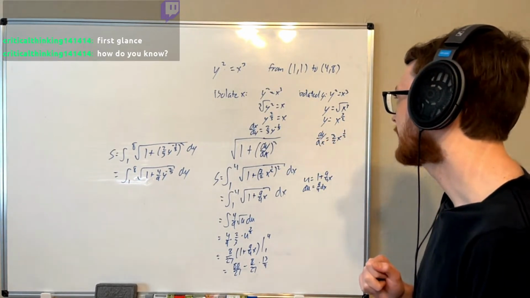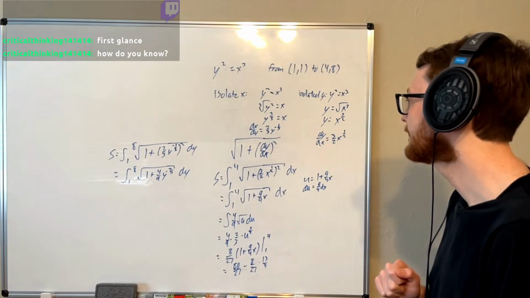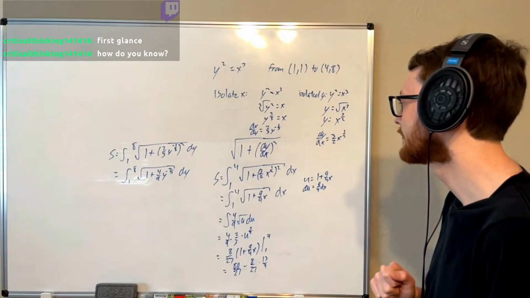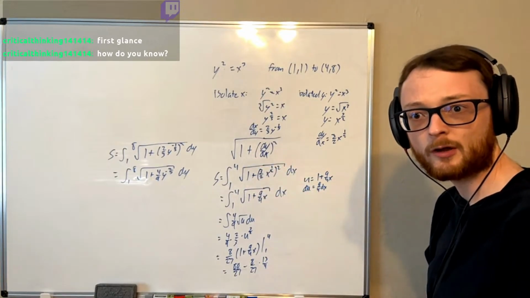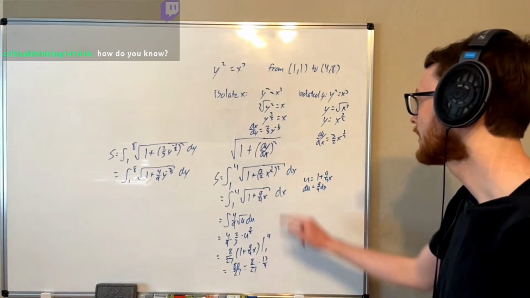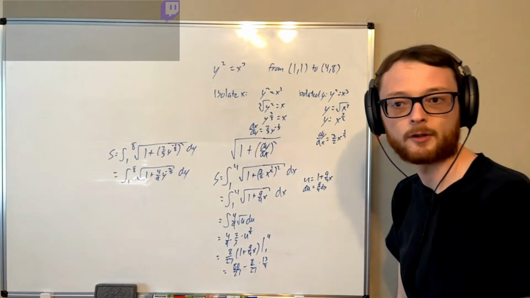But you're just trying to think ahead to this formula and what gives you an easy u sub, or what can cancel with the squared, or just what gives you a simpler thing, basically.